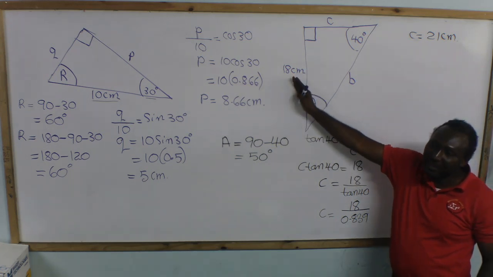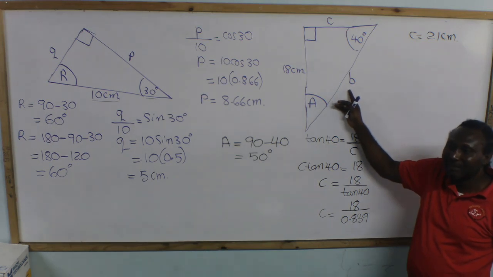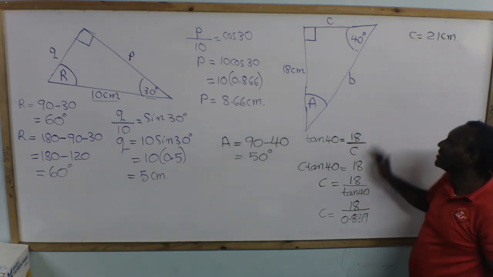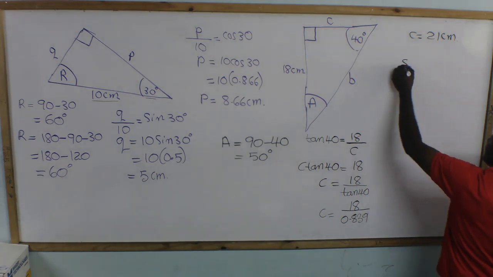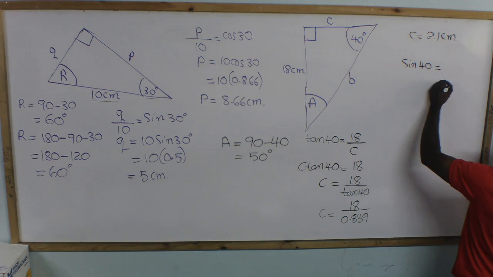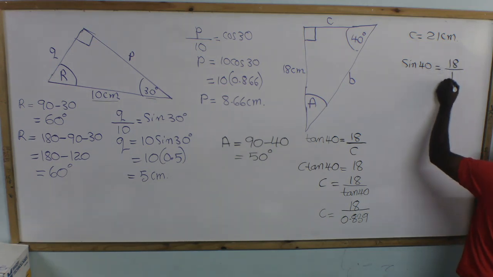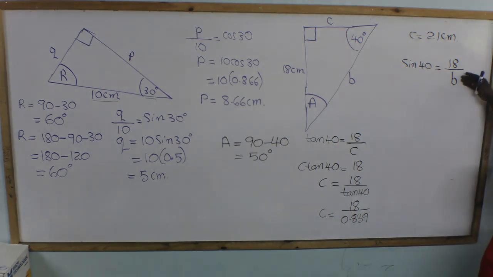Opposite over hypotenuse. So this is going to go in the denominator, so you put it on the right hand side. So sine 40 is equal to opposite over hypotenuse.